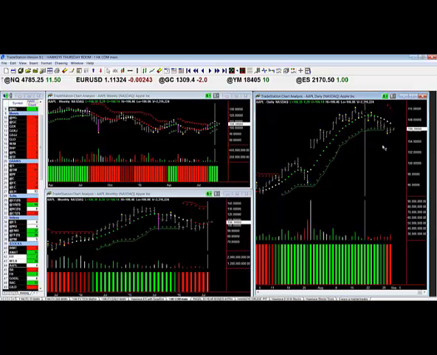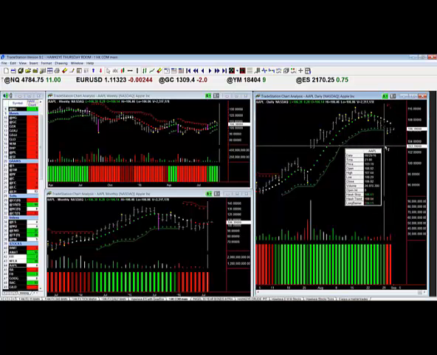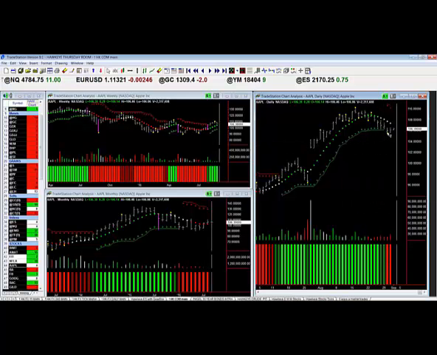So on Apple, the bias is to the downside. At the moment it's going through its congestion area over here. Now although the trend dots are going down, I say congestion only because of those profiles I've given you just there on the actual bar. So as soon as this closes under its open, it will start to come down.